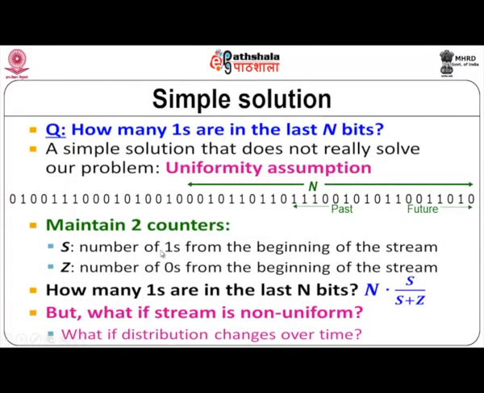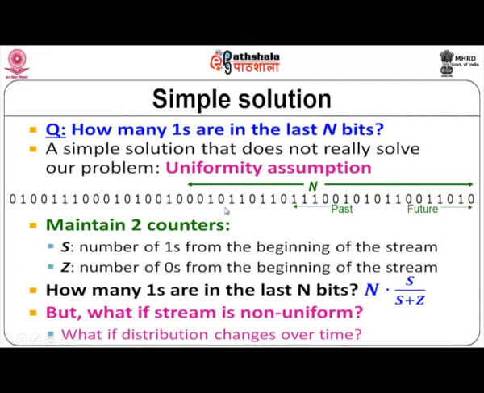One simple solution for the given problem, if I am going to count the number of ones in the last n bits, is that we need to first assume the elements in the data stream are distributed uniformly. If this uniformity assumption is made, only then can we make a proper prediction.